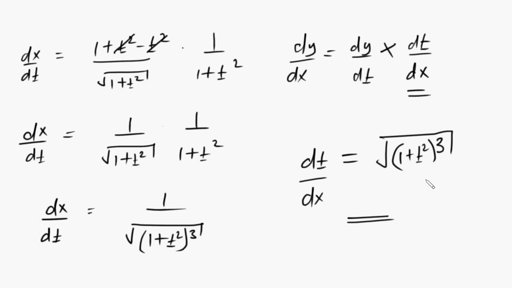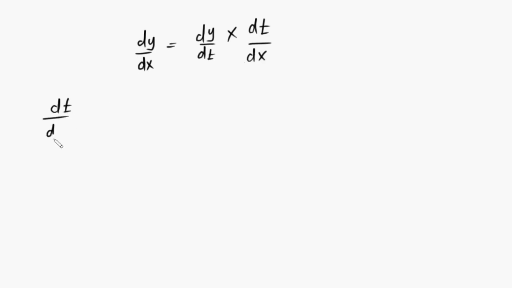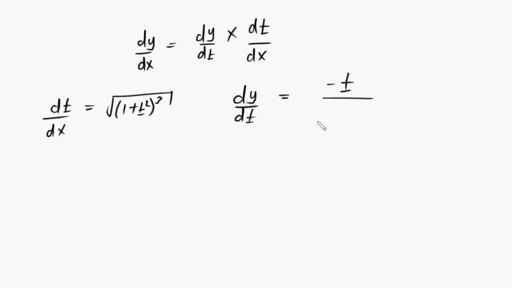Remember dy dt, I told you to note it down. So dy dx now is equal to, I said, dy dt times dt dx. So dt dx we have already got, here, 1 plus t squared power 3. While dy dt, what did we say it was? It is negative t over 1 plus t squared power 3.